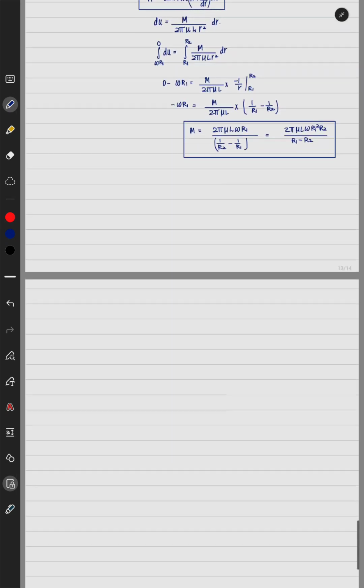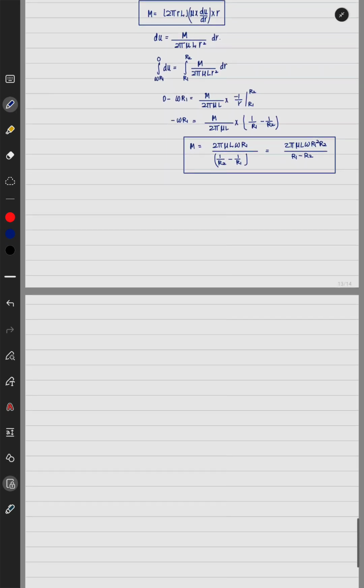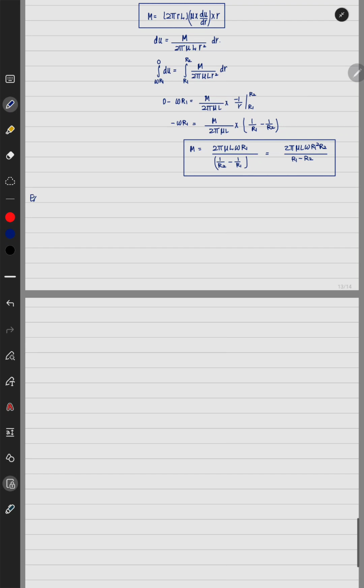Okay, the next example that I'm going to discuss is a surface which is kept at the bottom. This is the surface.